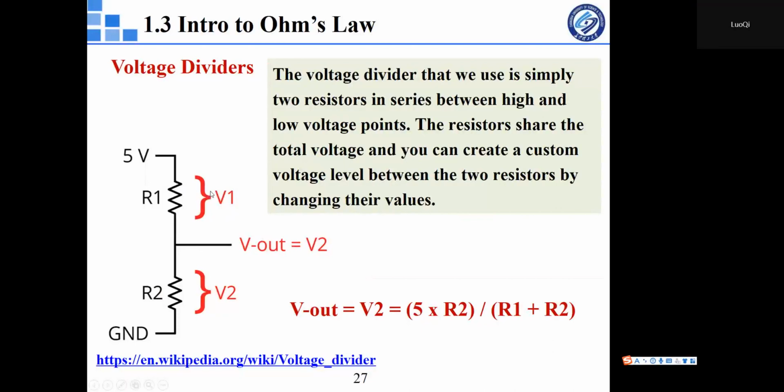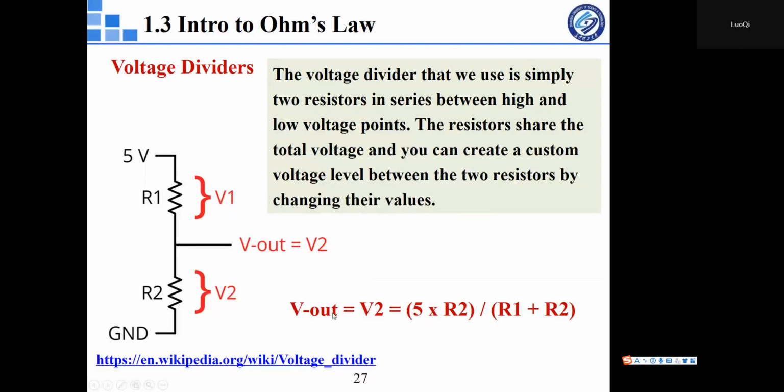Okay. Resistor 1 has voltage V1, resistor 2 has voltage V2, and the voltage out is equal to V2.